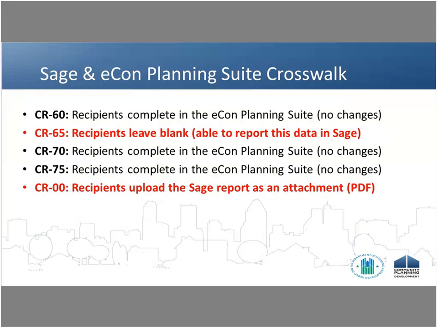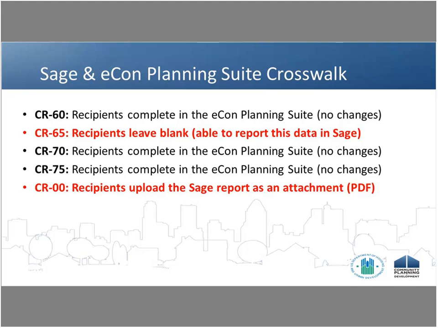Instead of the CSVs being saved in Ecard, they're now going to be saved in Sage. And for CR00, similar to last year where the Ecard was attached in the attachment section of CR00, this is where you can upload the Sage report as a PDF attachment.